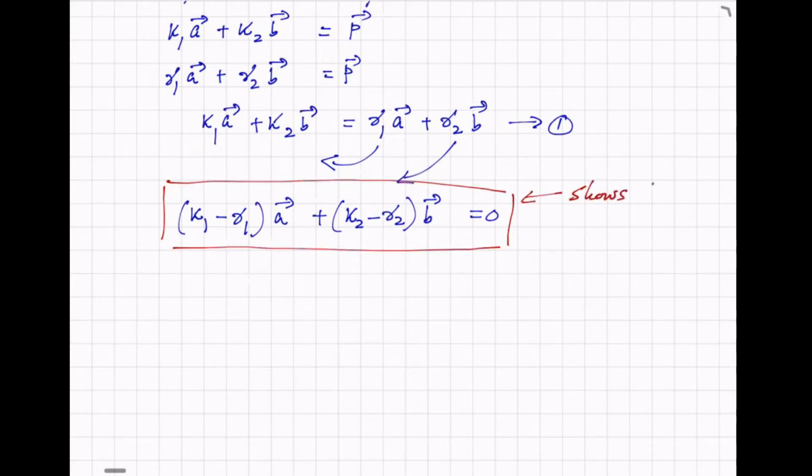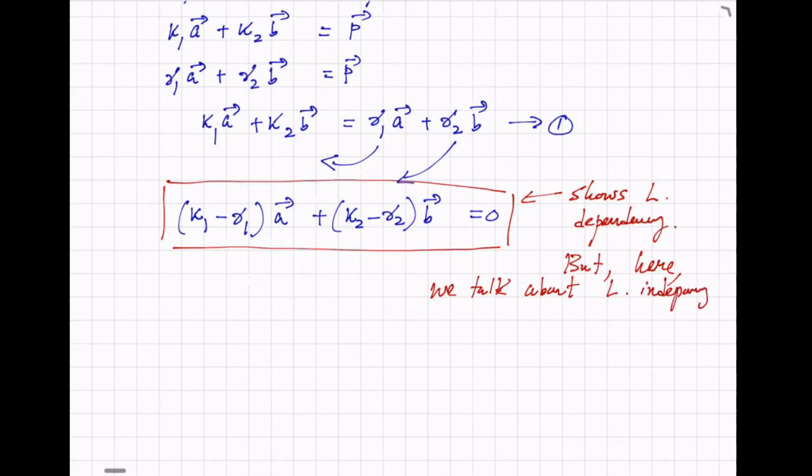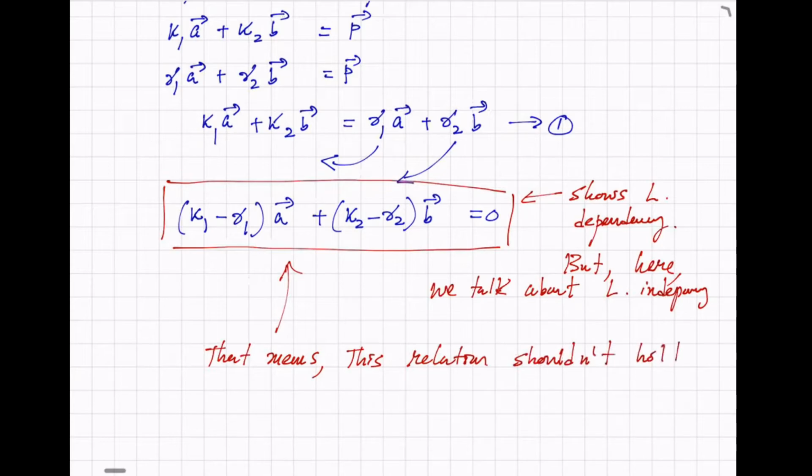Shows linear dependency. But here we talk about linear independency. Linear independency means this relation shouldn't hold true.